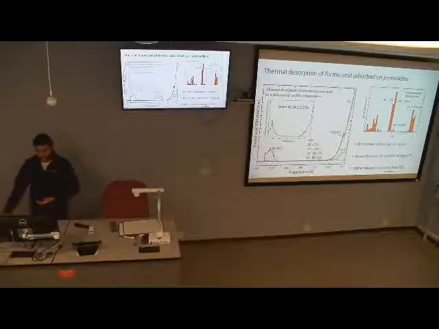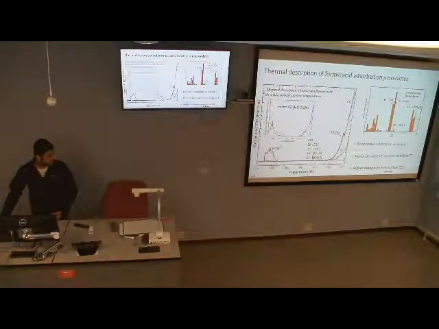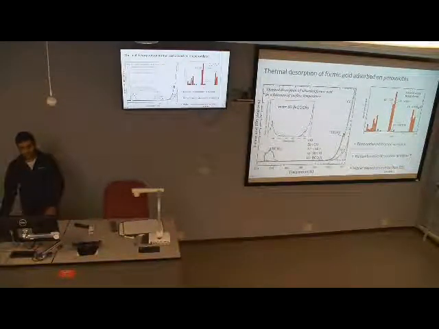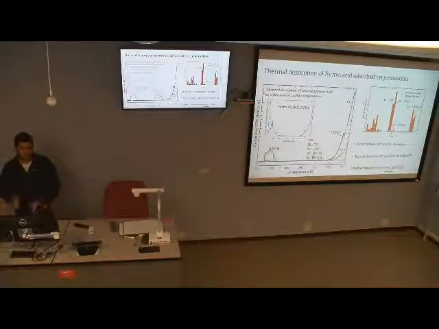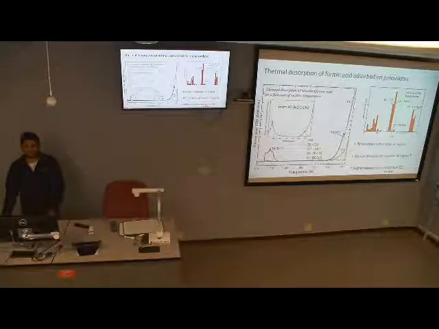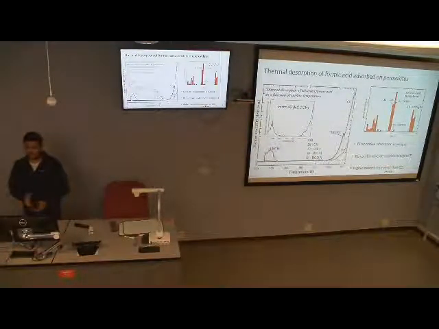The intensity of the molecular parent mass fragment of formic acid is relatively low at high temperature, but we can see a small amount of molecularly desorbing formic acid, and this can be mainly due to associative desorption of the adsorbed formic acid.